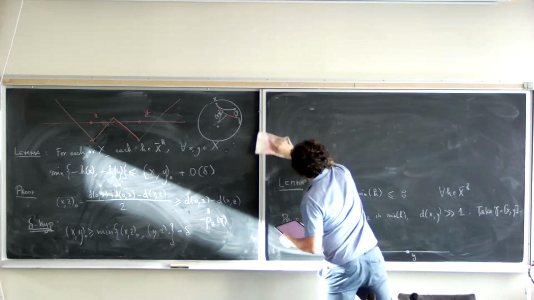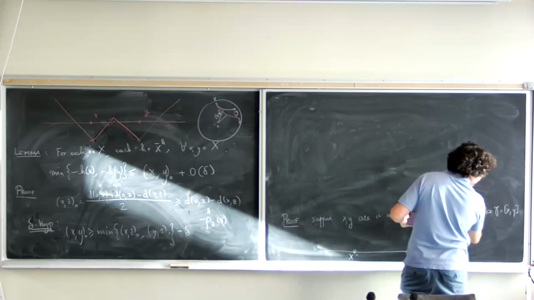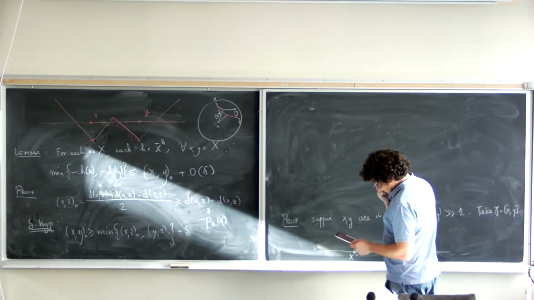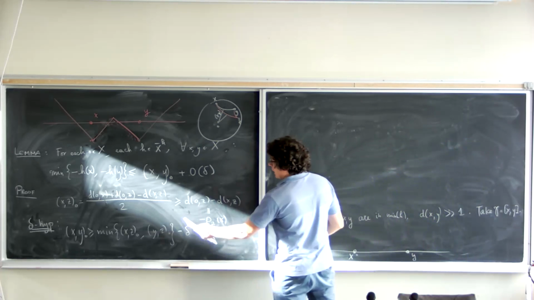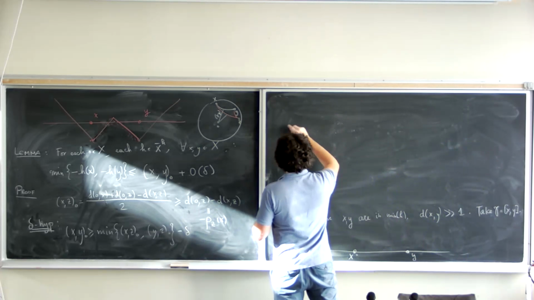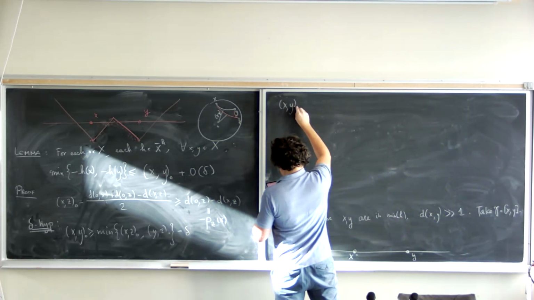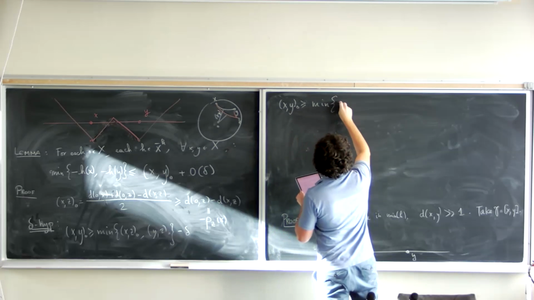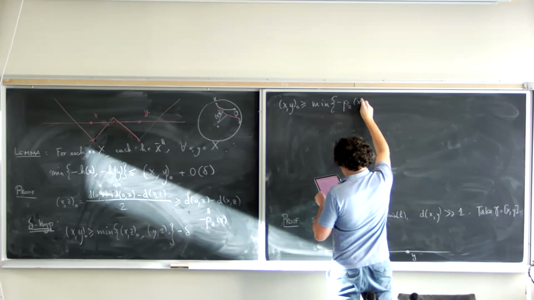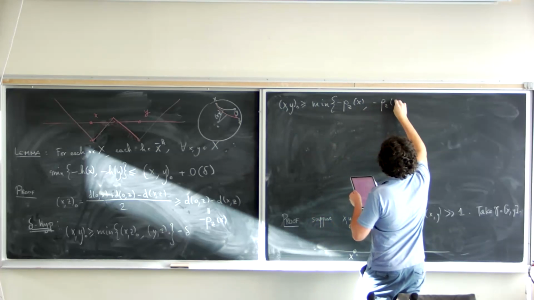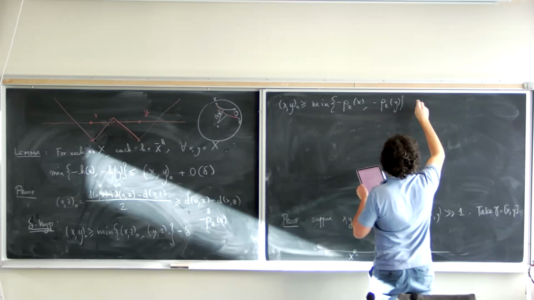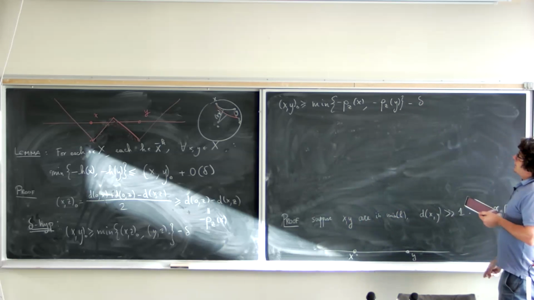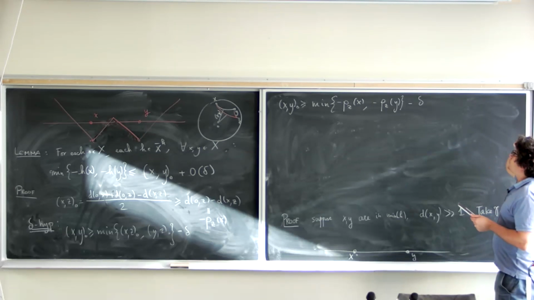So if you trust me on that, we can complete the argument by taking the limit, right? Because here, what do you get? Well, you combine these two things. You see that (X,Y)_O is bigger than the minimum of minus rho_Z(X) and minus rho_Z(Y), minus delta, or O of delta.